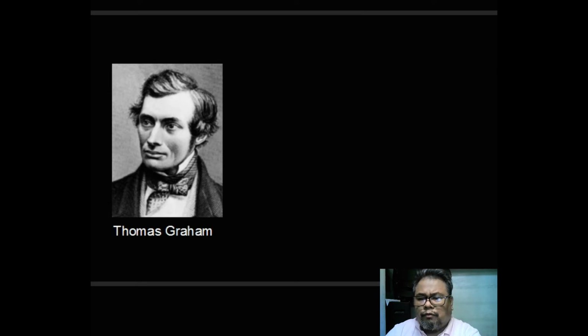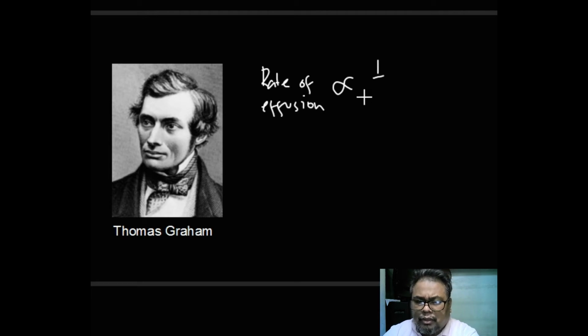Now, Thomas Graham, who formulated Graham's law of effusion, states that the effusion rate is inversely proportional to the square root of the gas's mass. So, sabi niya, the rate of effusion, let me write it down. The rate of effusion is inversely proportional to the square root of the molar mass of the gas.